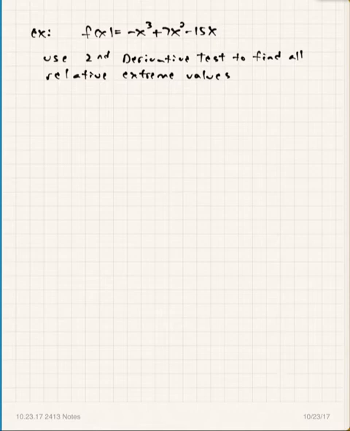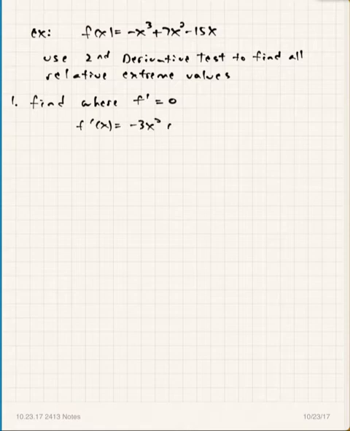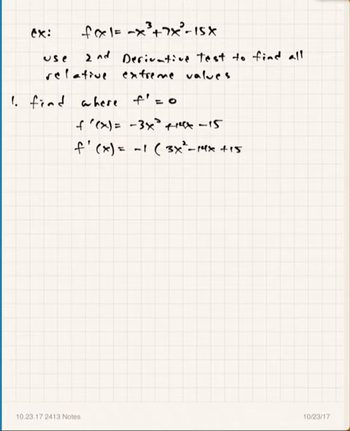And so that's the first thing you do. This is step one: first find where f prime is equal to 0. So in our function, f prime of x is negative 3x squared plus 14x minus 15. Now you can factor out a negative 1, which is what I would do, which gives me 3x squared minus 14x plus 15.